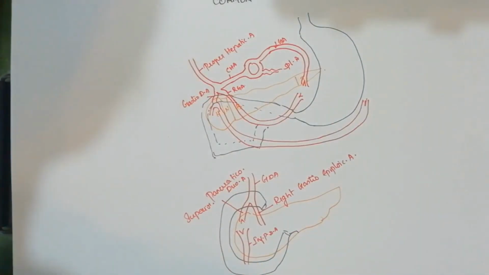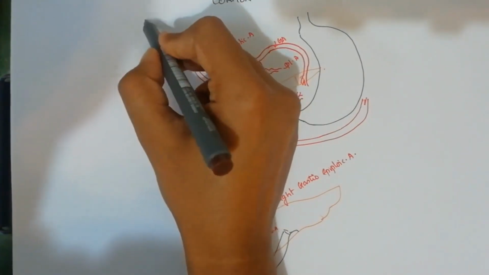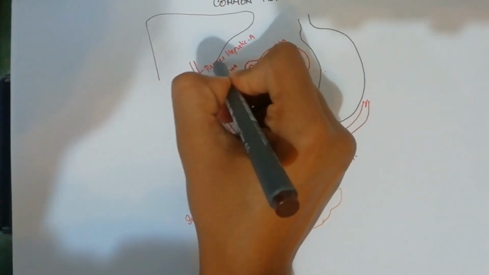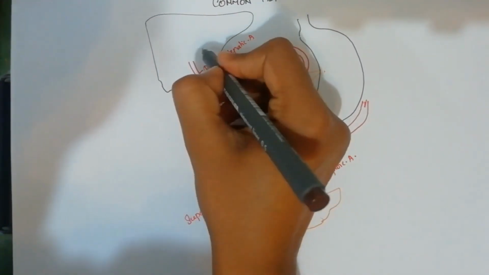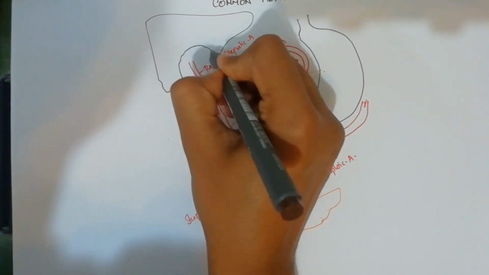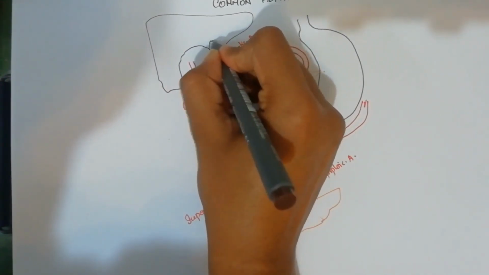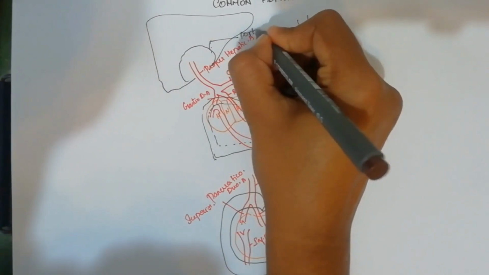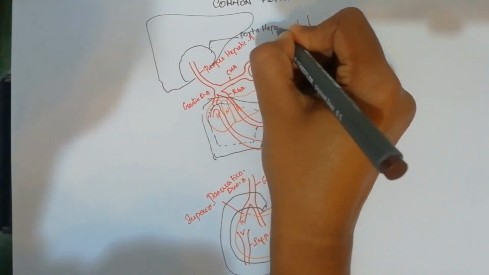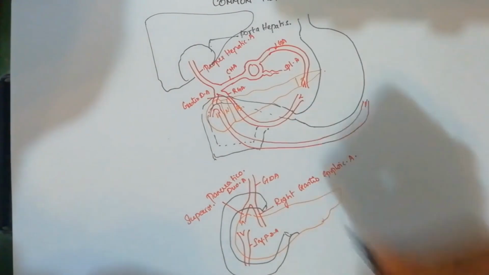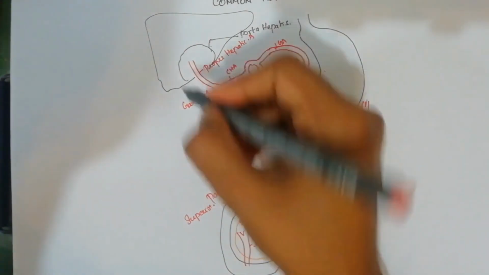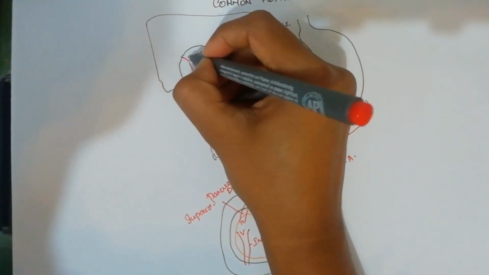So we have the liver present over here. In the liver we have an opening, and that part we will call the porta hepatis.